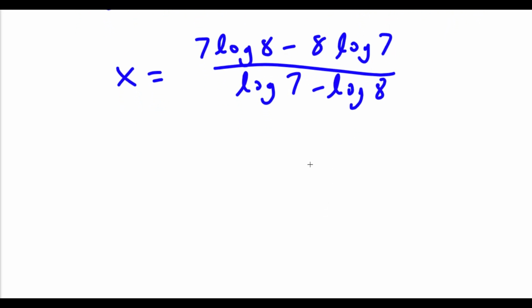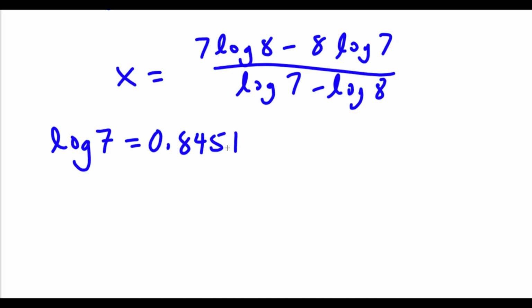All right, so now we have x equals 7 times log 8 minus 8 times log 7 over log 7 minus log 8. Now if you plug log 7 into a calculator, you get that log 7 is approximately 0.8451.